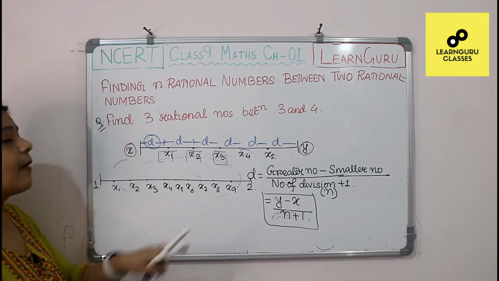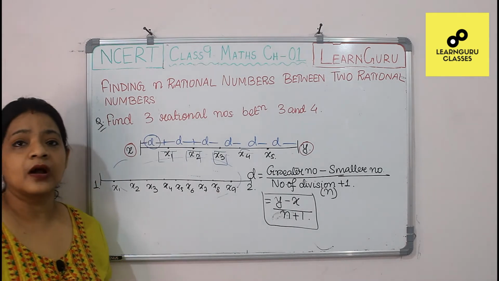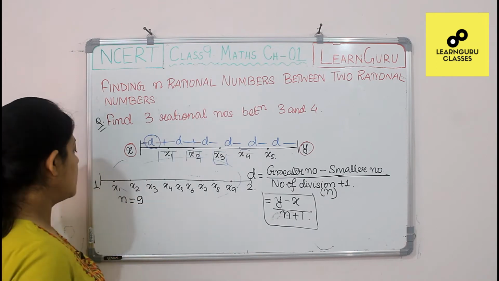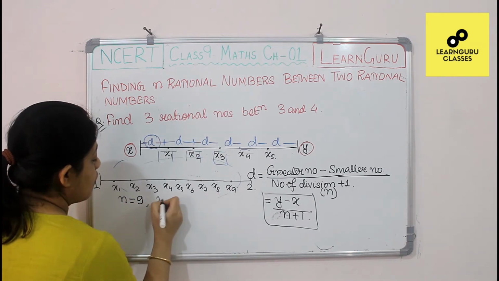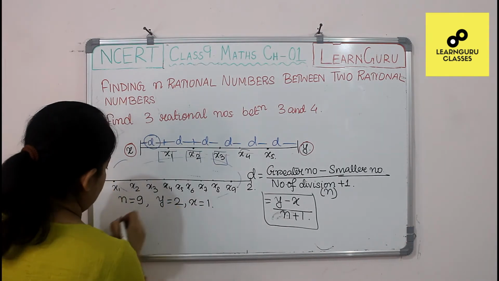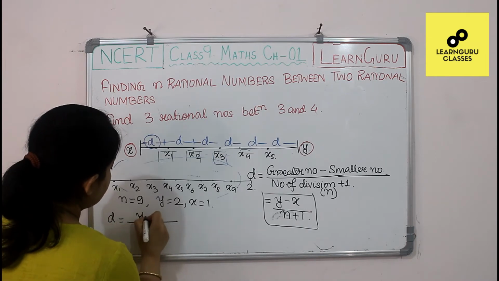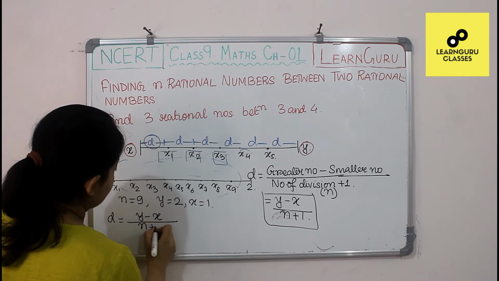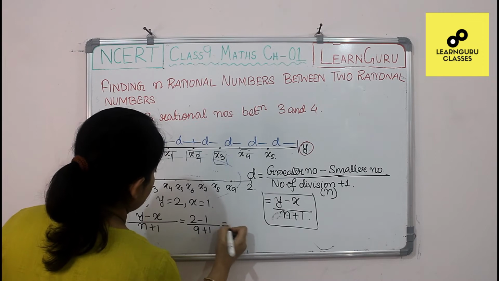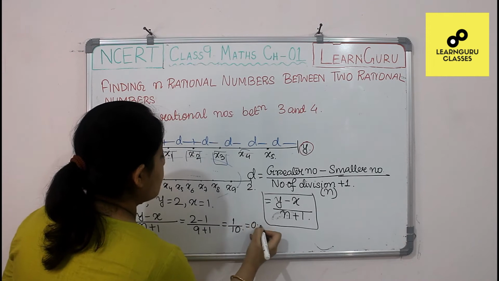How many rational numbers are you to find out? 9 rational numbers, so n equals 9. y is 2 and x is 1. How will you find the common difference? y minus x divided by n plus 1, that is 2 minus 1 divided by 9 plus 1, that is 1 by 10, which can be written as 0.1.